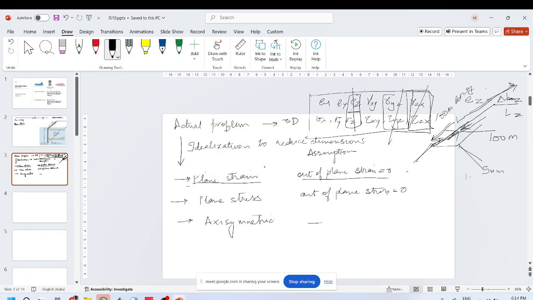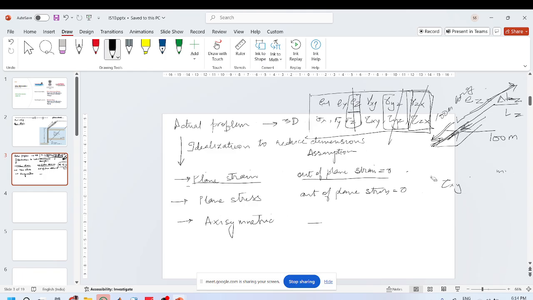So you only have sigma x, sigma y, strain in x, strain in y, strain in xy, and tau xy. This reduces the number of unknowns.